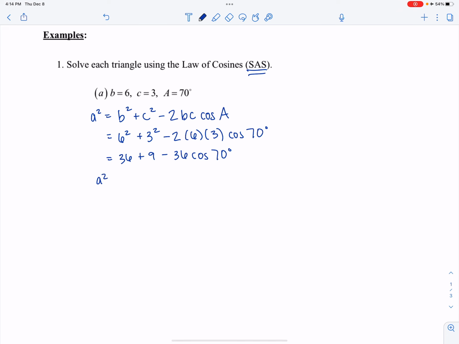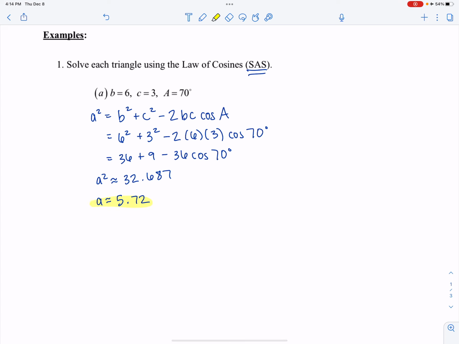So a squared is approximately 32.687. So if we take the square root, we're left with a is approximately 5.72.